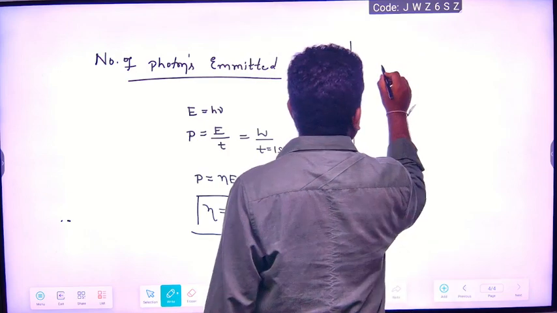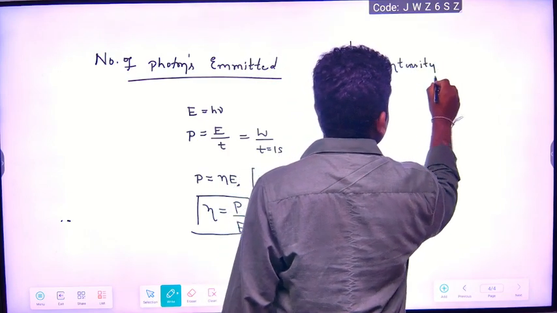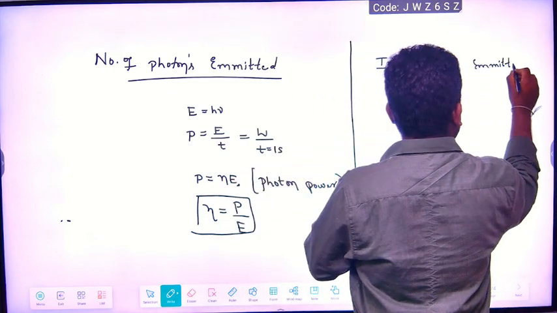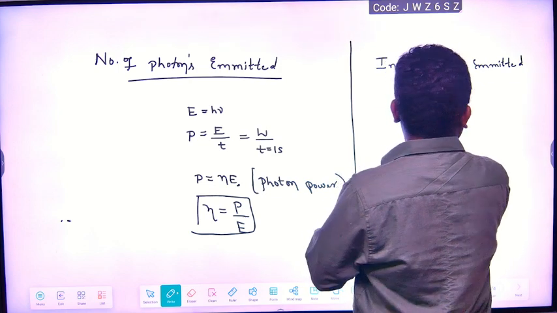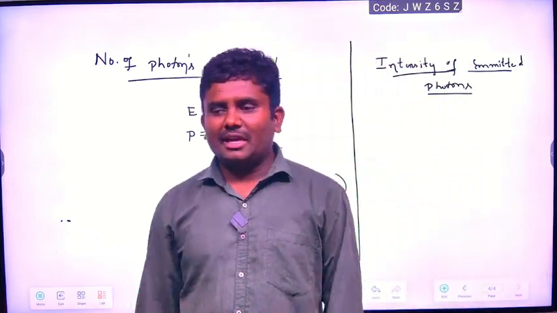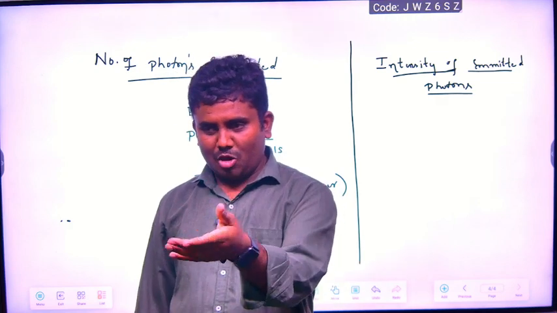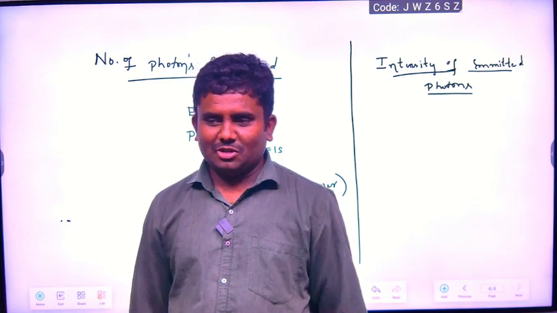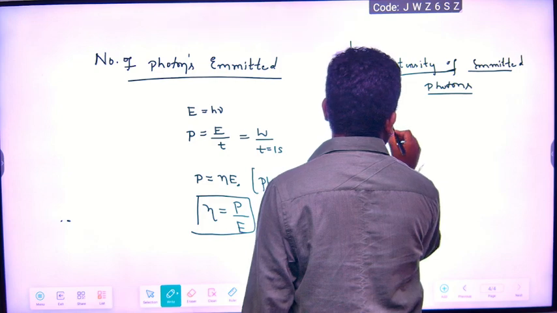Next, intensity of emitted photons. Intensity means how much energy is crossing per unit area. We will also call it the energy crossing per unit area.